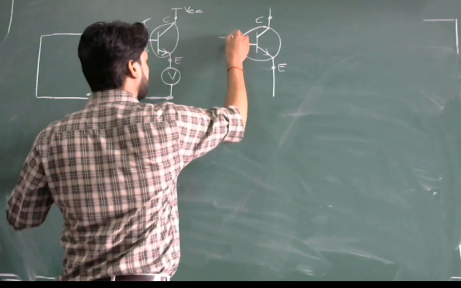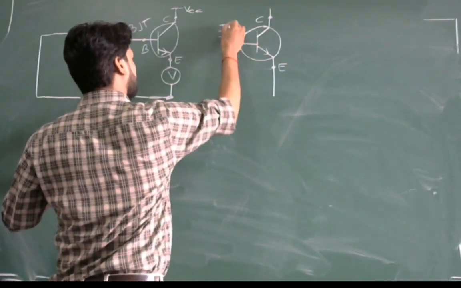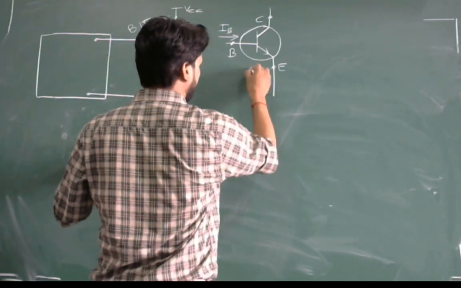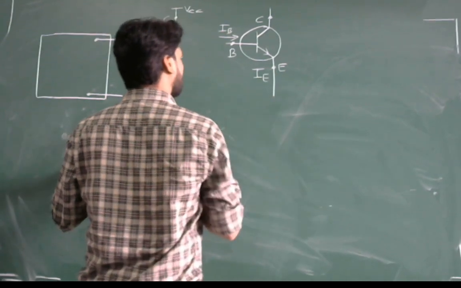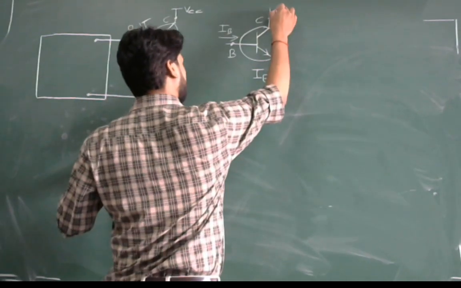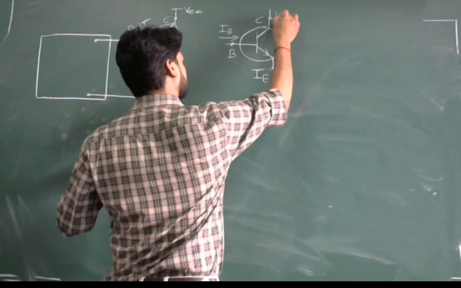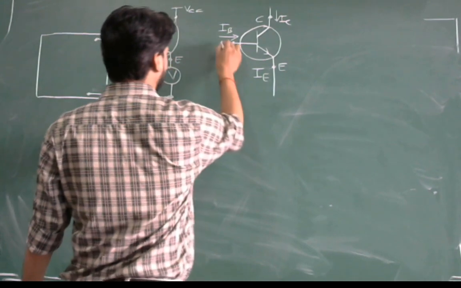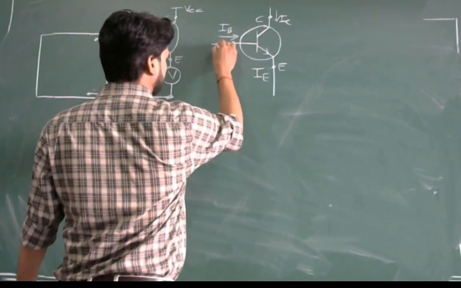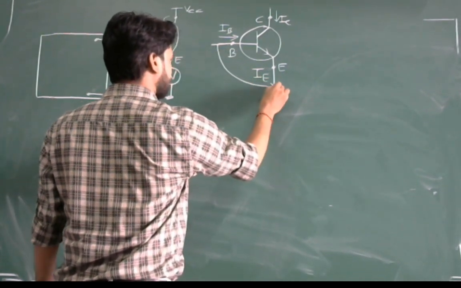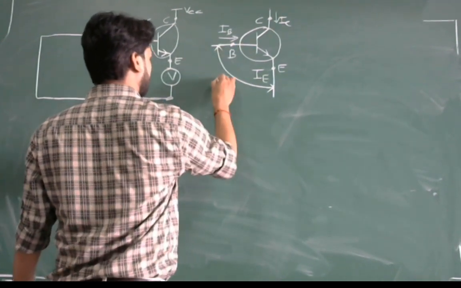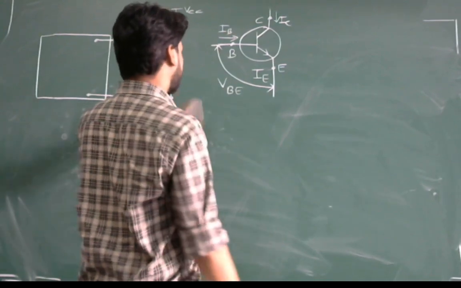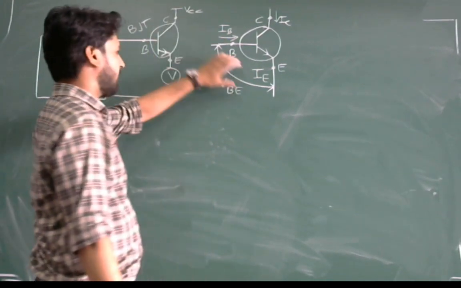Current going into the base is IB. Current coming out of the emitter is IE, and current entering through the collector is IC. The voltage between base and emitter is called VBE.